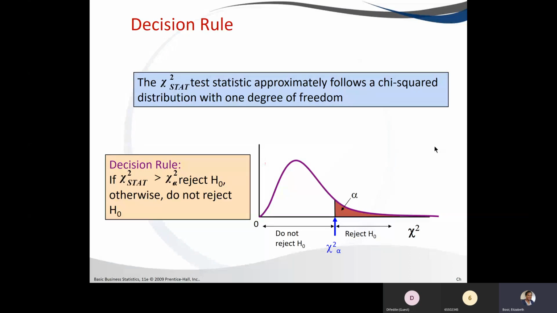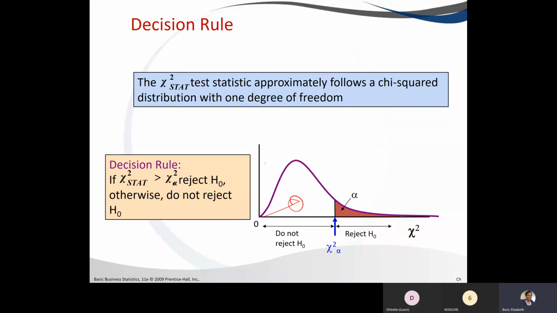So anything that falls on the right of that critical value will be shaded, and you can call that the rejection area. And anything on the left, we call it the non-rejection area, where we do not reject if our test statistic falls within this area.